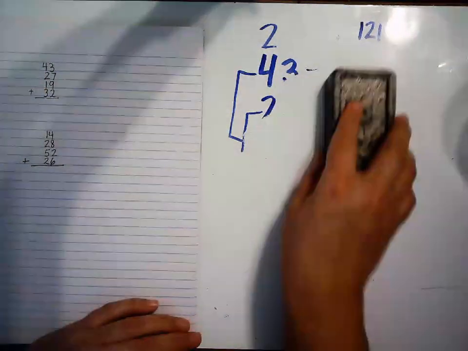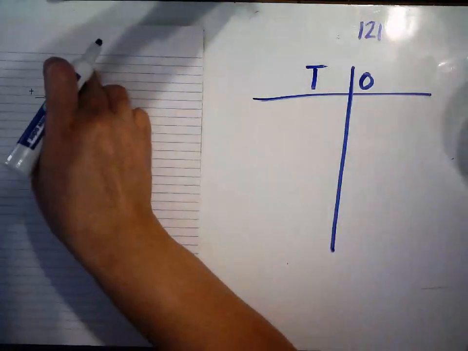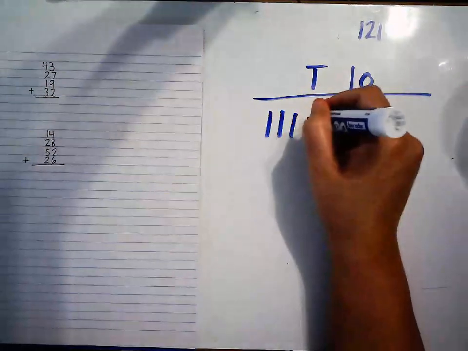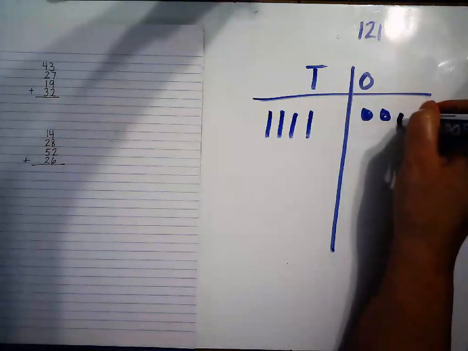So let's try it again, but this time using a pictorial representation. So I have 43. I'm going to use my tens and my ones, and I'm following the numbers here. So I'm going to do my first number, which is 43, which is 4 tens and 3 ones.